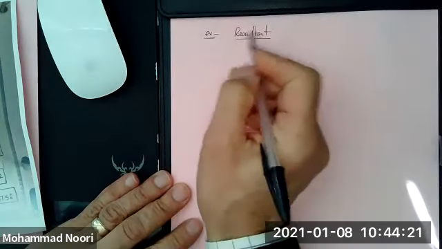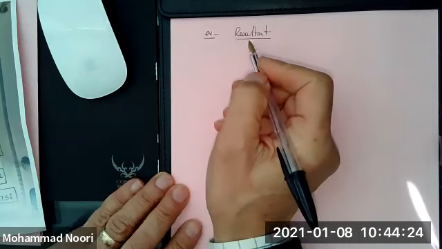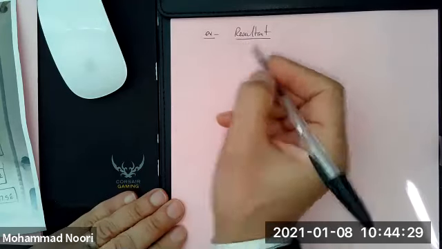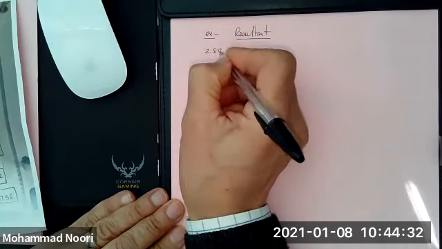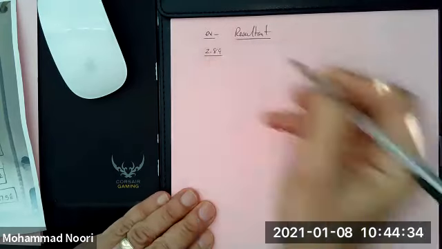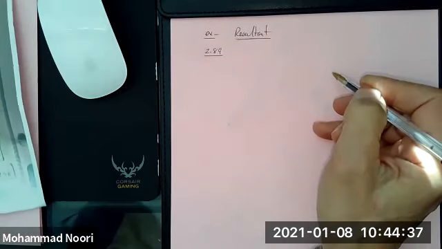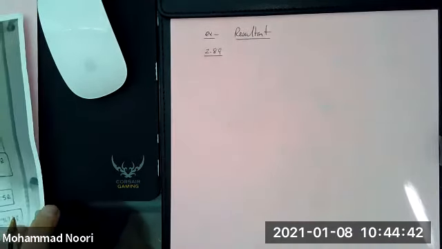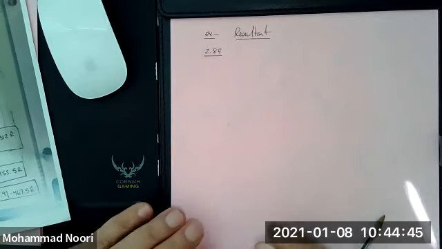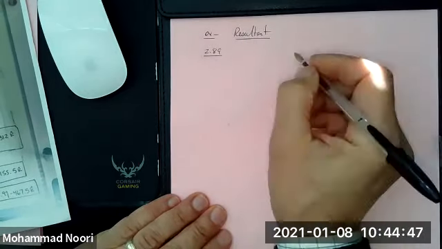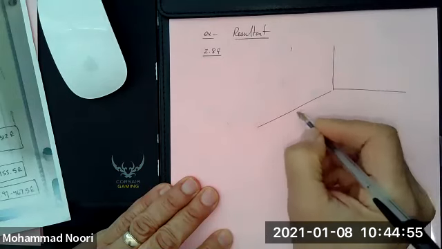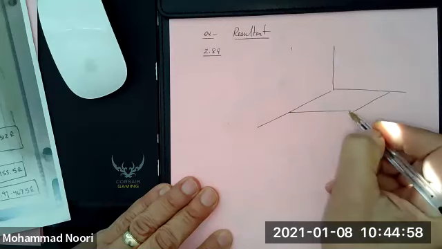So to demonstrate a good problem of resultants, this is what I have selected. Problem 289 from your book is a very good problem. And this is sort of the geometry of that problem, okay? You do have a plate like this.